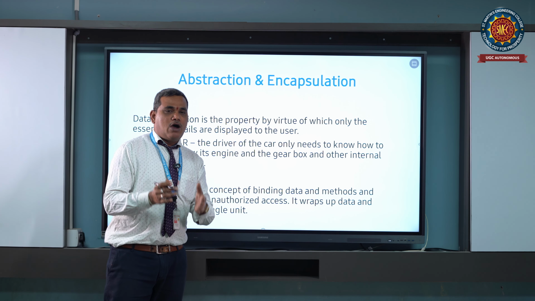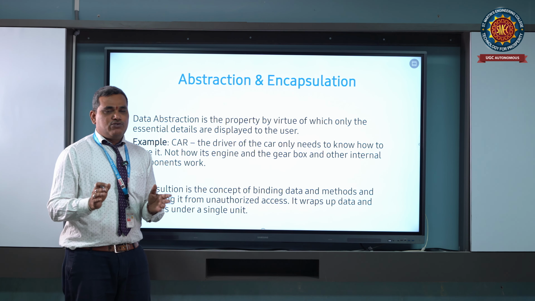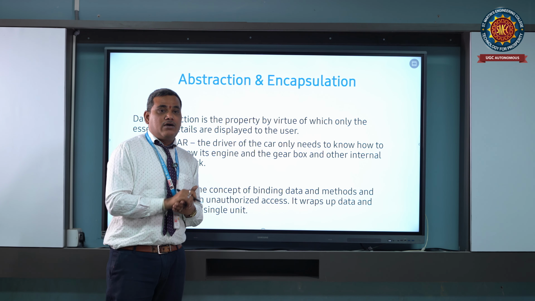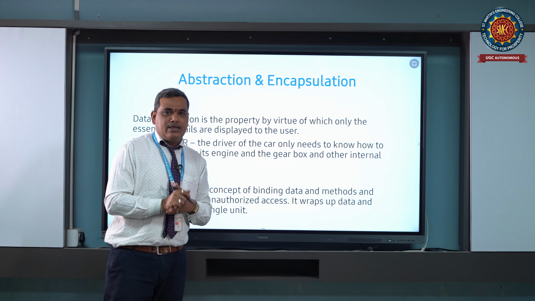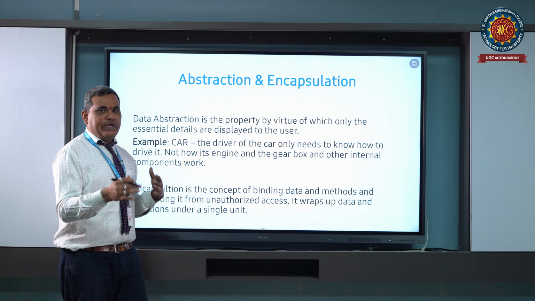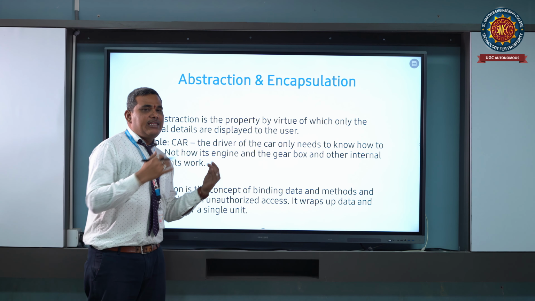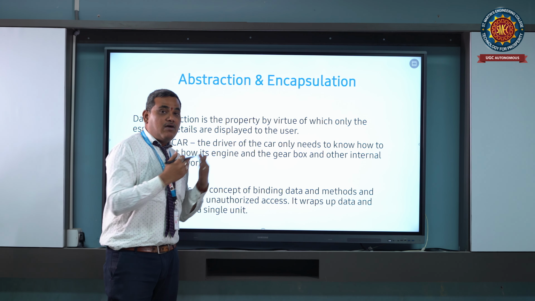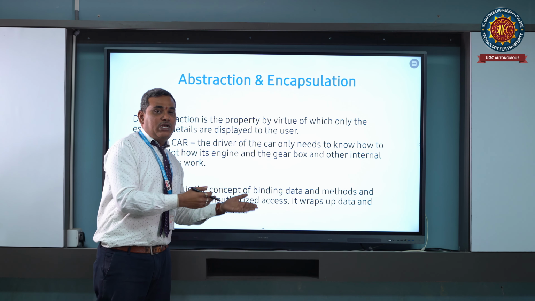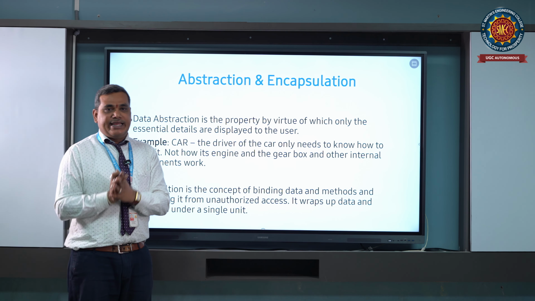You know only how to drive a car, but you don't know how the engine works inside a car, how the brake works, and how the clutch works. Internal details, you don't need them. Then how to use it? That is the concept of data abstraction. Data abstraction is only for showing the essential details.